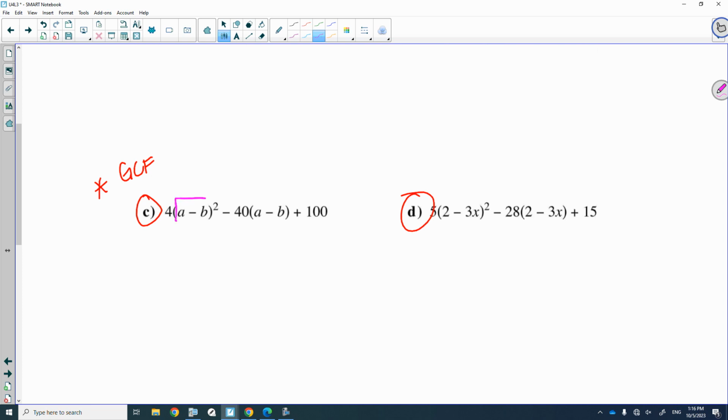This bracket, what variable would you choose for this one? Yeah, I'm going to choose X. It's got A's and B's. Let X equal A minus, and they both happen to be the same. So I'm going to have 4, take the bracket out, put in an x squared, minus 40, take the bracket out, put in an x, plus 100.